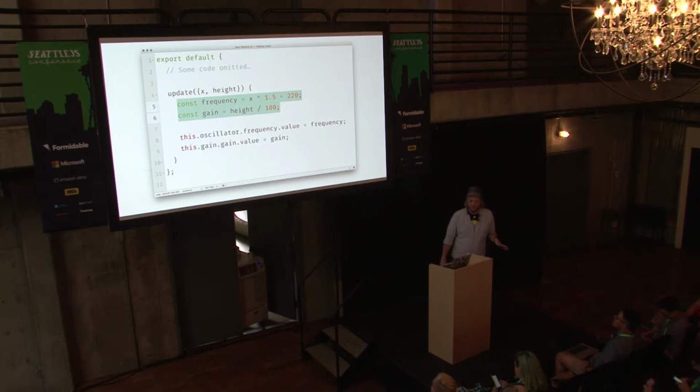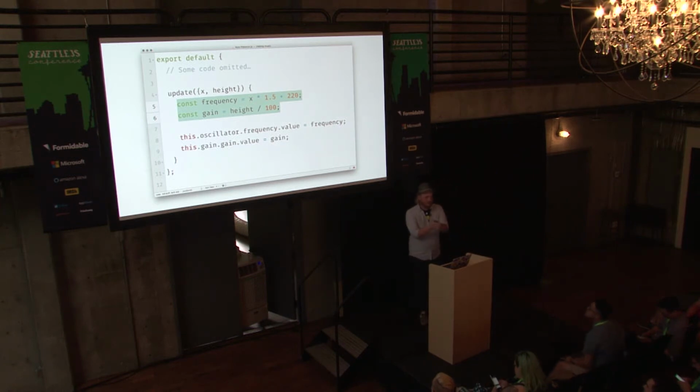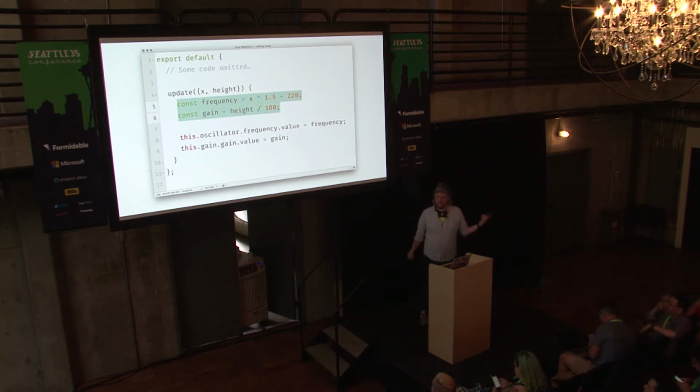That's what this 1.5 minus or plus 220 means, because the x and y could be 0 to the width of the canvas, which is going to give me very low tones that I can't hear. So we'll multiply it a little bit, and we'll start at 220, because in my experiments of splitting my eardrums open, that's a good place to start, right? If nothing else, 220, you're not going to hurt yourself.